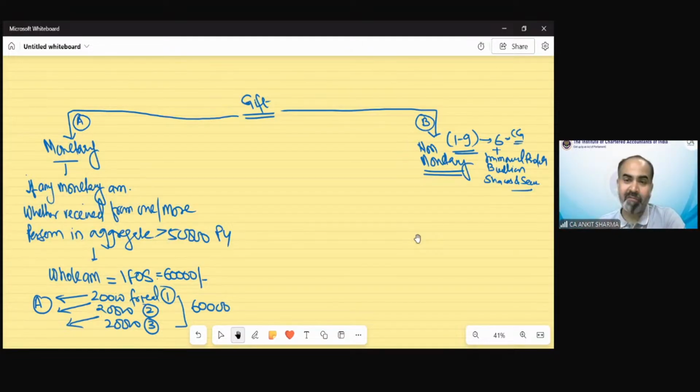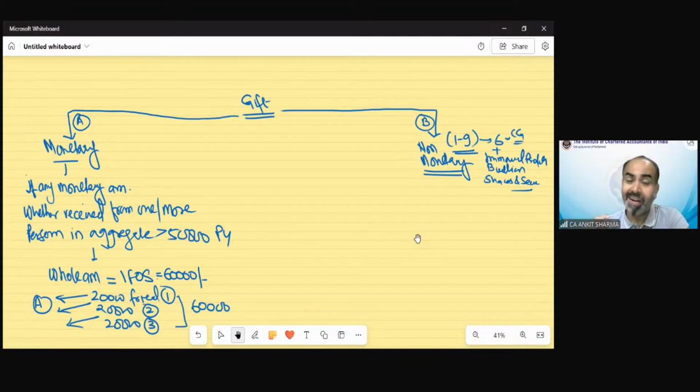Suppose one of my friends wants to give me jewelry of 10 lakh rupees. So in reference to that gift, if they do not charge anything, that will be called without consideration. If that person says, I will give you 10 lakh rupees jewelry, but you have to give me 2 lakh rupees only for it, that is called inadequate consideration.